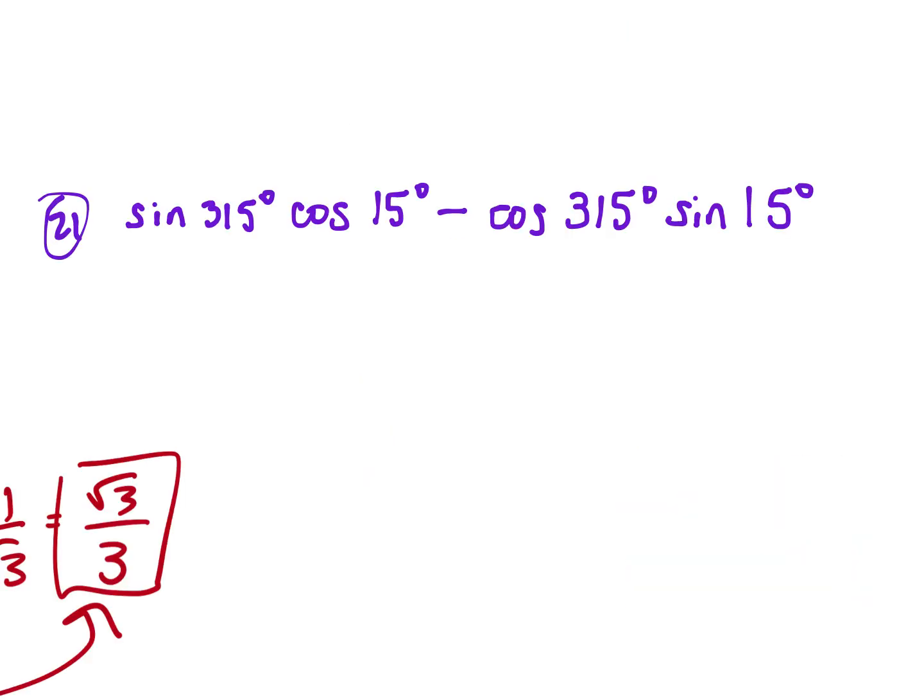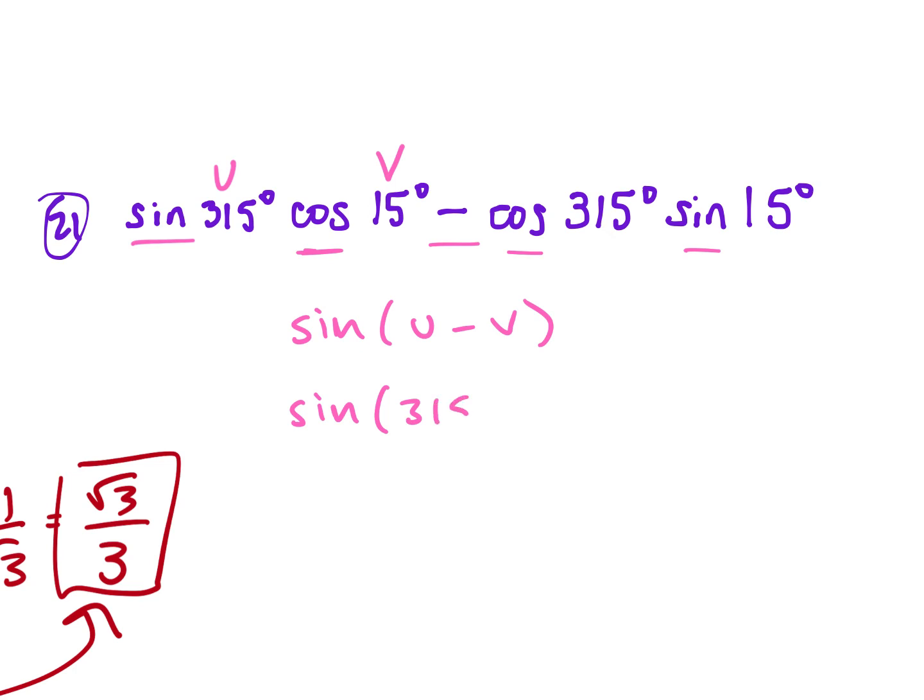Which formula do we have that goes sine, cosine, minus cosine, sine? That is the sine of u minus v. Our u is 315 and our v is 15. So this would be sine of 315 minus 15, so sine of 300. So that's our first part.